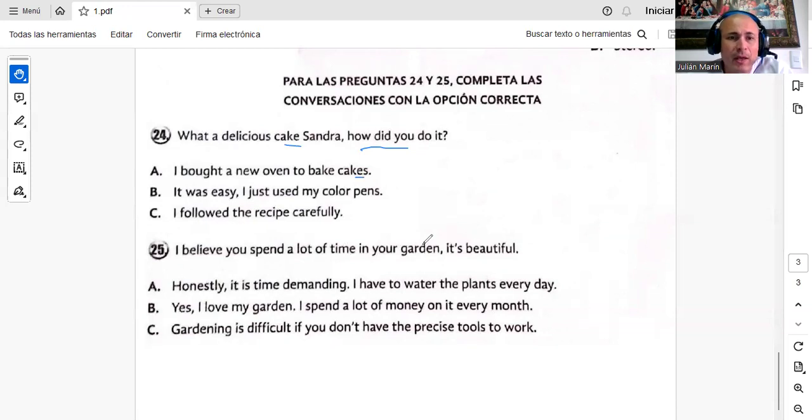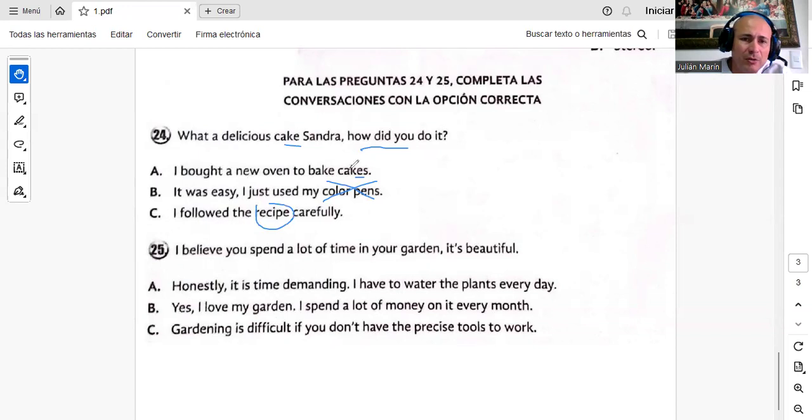Option B, it was easy. I just used my color pens. So over here, we can just cancel this one because nobody's talking about coloring or drawing. Okay, so we cancel B. Let's explore C. I follow the recipe carefully. So we're talking about a recipe.